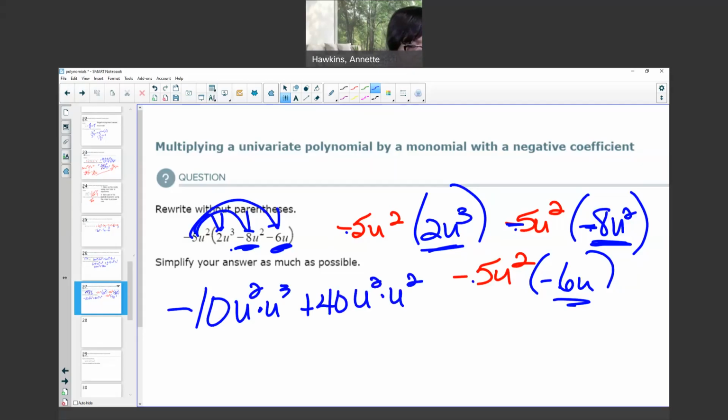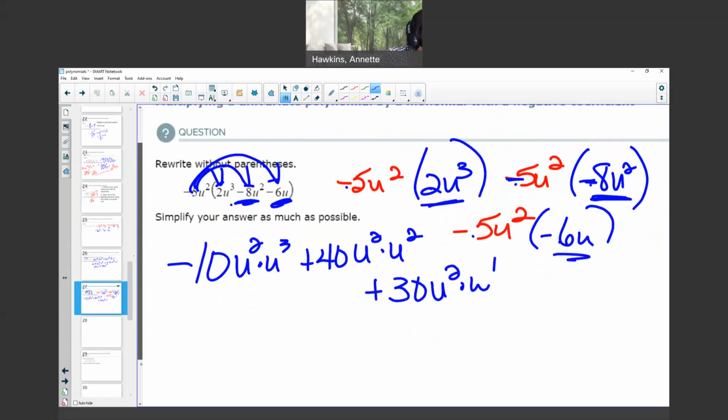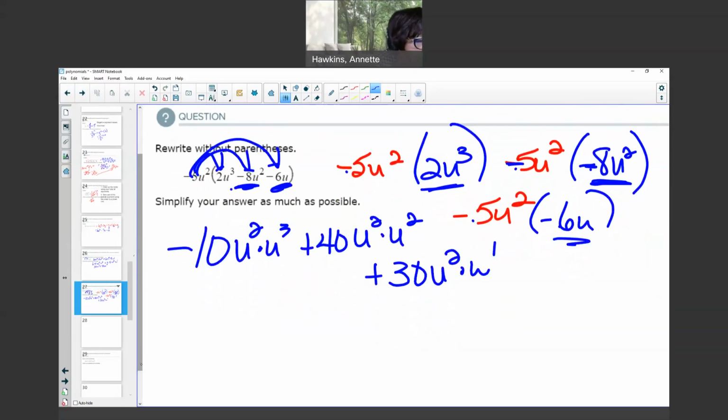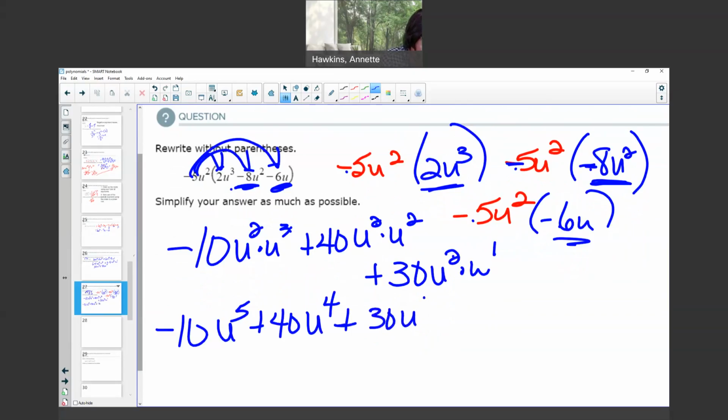Negative times a negative is a plus 30. u squared times u to the 1st. When multiplying with exponents and the bases are alike, you keep the base, add the exponents. 2 plus 3 gives me 5. 2 plus 2 gives me 4. 2 plus 1 gives me 3. So negative 10u to the 5th plus 40u to the 4th plus 30u cubed.